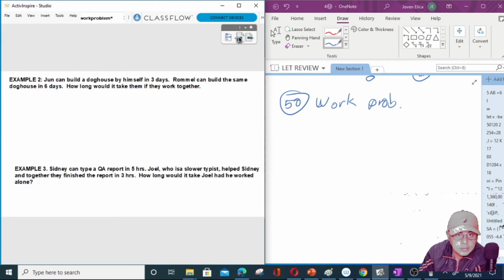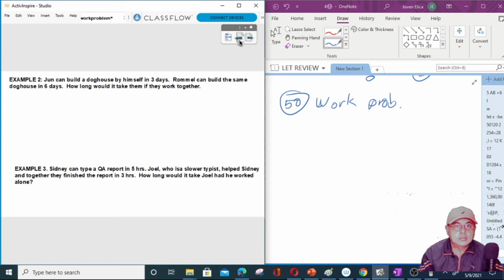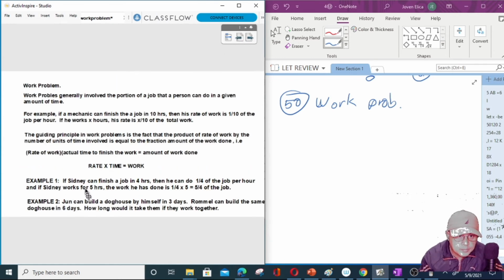This is supposed to be number 2. If Sydney can finish a job in 4 hours, in dealing with a work-related problem, it is much better to use a table. Before we continue, let us answer some examples.